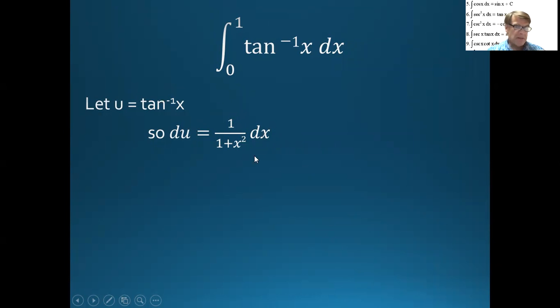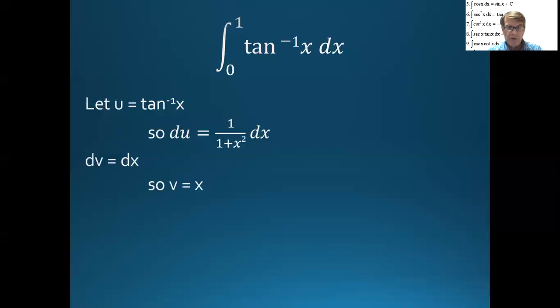So again, this is just something that we should have memorized. I'll be honest, I haven't memorized it. But the derivative of the inverse tangent is 1 over 1 plus x squared dx. All right, and so I picked dx as dv. That's easy because that means that v equals x.